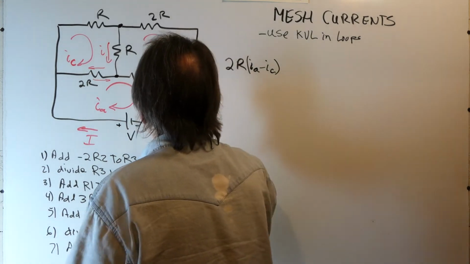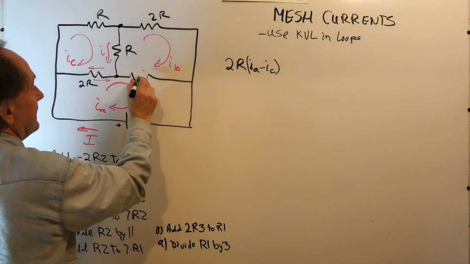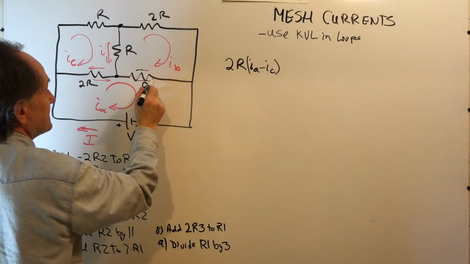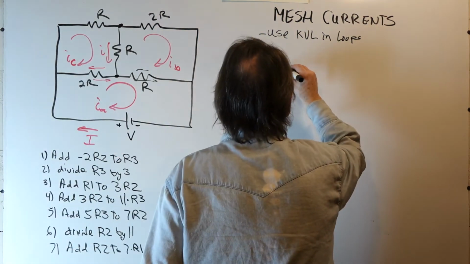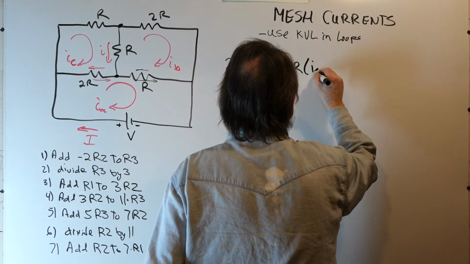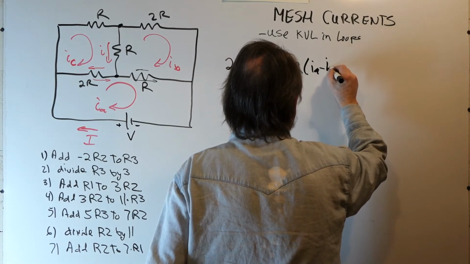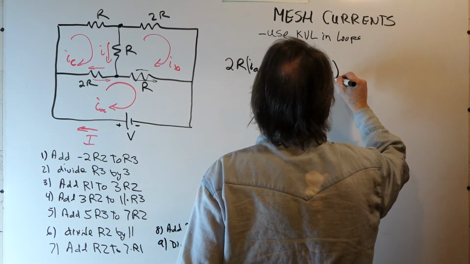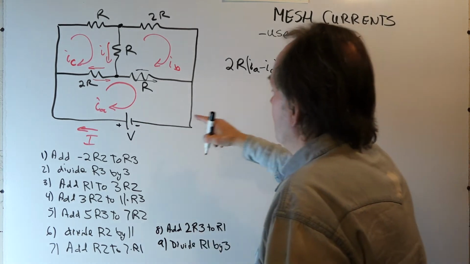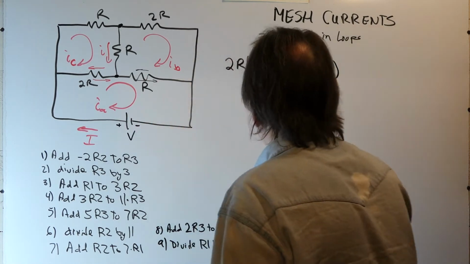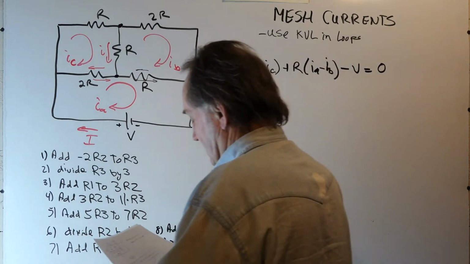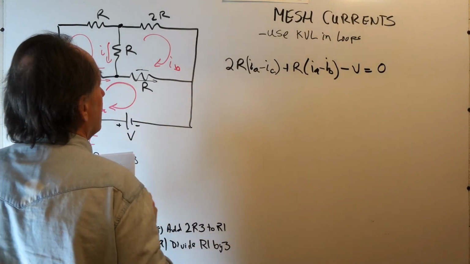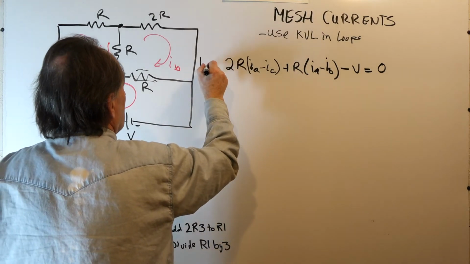Then the current in this resistor is IA minus IB. IA is in this direction, IB is opposite, so we have plus R times (IA minus IB). And then we come in on the minus sign of the voltage source, so that's minus V, and that's going to equal 0. All right, this is loop A.